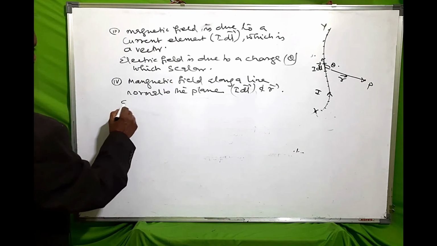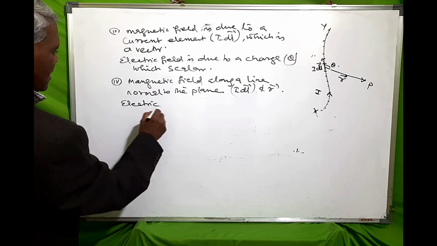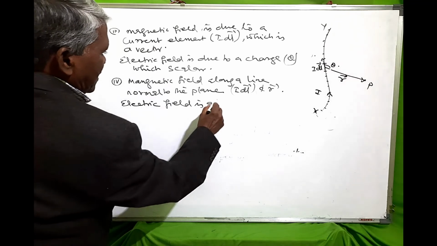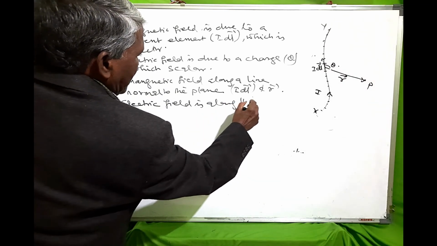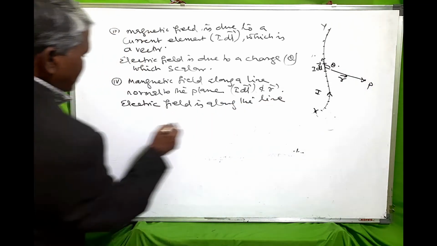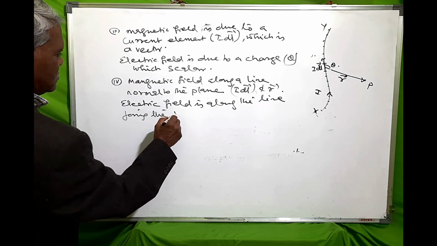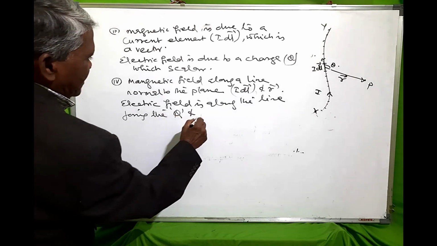But electric field is along the line joining the charge and the point.